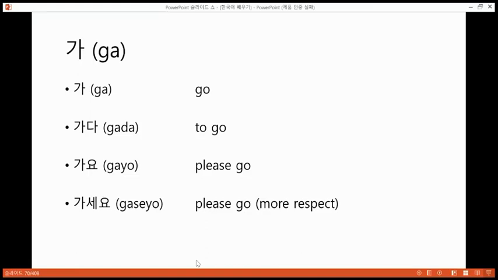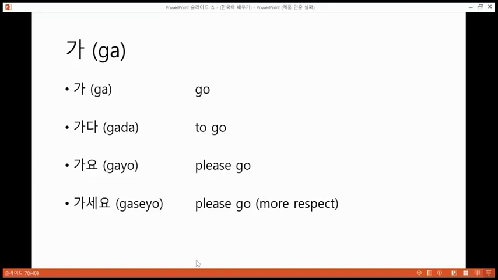Okay. So 가 is imperative. What is imperative? It's a command. It's a part of verb that gives the command. In Korean language, we have the basic form of verb, which is ending in 다. Okay, can you say 가다?